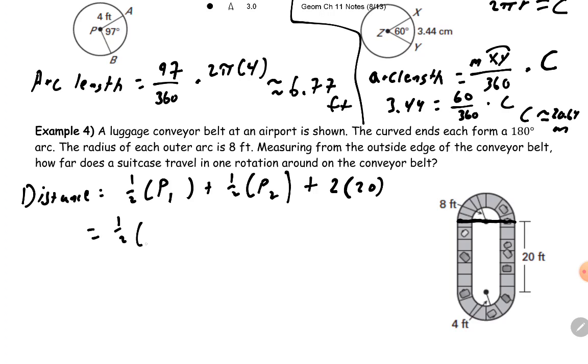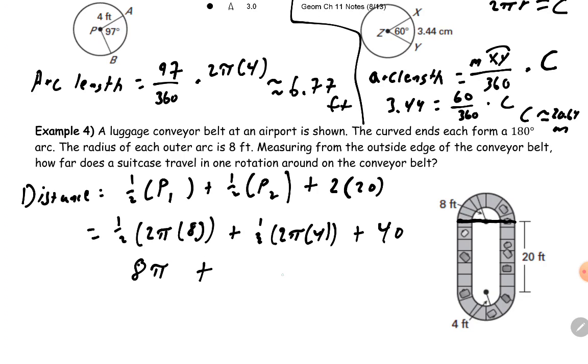So 1/2 perimeter 1, let's say the top one is a perimeter. So perimeter or circumference is 2 pi r, plus 1/2 of 2 pi r, plus 2 times 20, which is 40. Half of 2 pi is 1 pi, times 8 is 8 pi, plus 4 pi, plus 40.